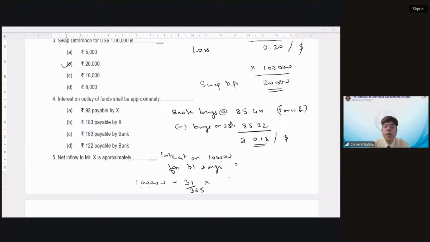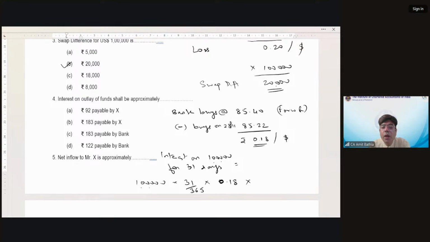remember what is the cost for me? The bank is paying you extra how much? 0.18, right? That is the difference which is there, because not the entire $100,000 is being paid out to you.